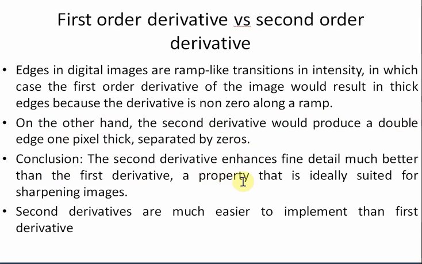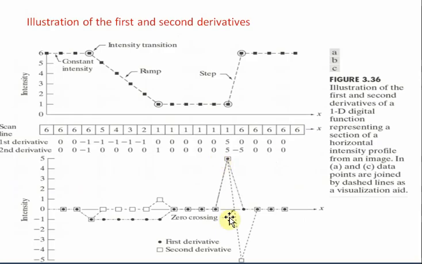The second derivative enhances fine detail much better than the first derivative. That is a property ideally suited for sharpening images. So for providing this double edge, this is the facility.